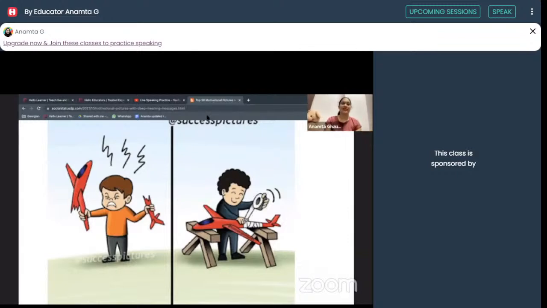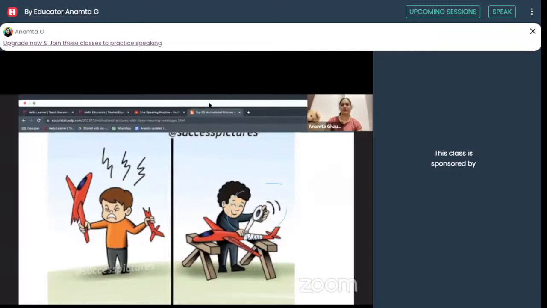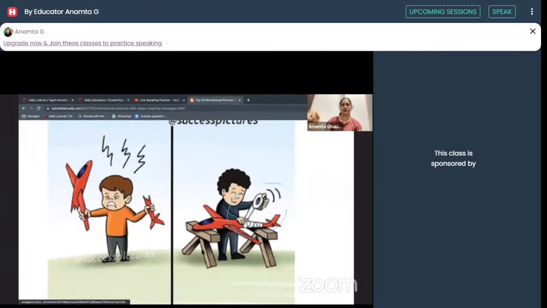As I see, in the first picture, the boy is very angry and he broke the plane. And in the second picture, when he is calm, he tries to find a solution, and he was trying to fix it.